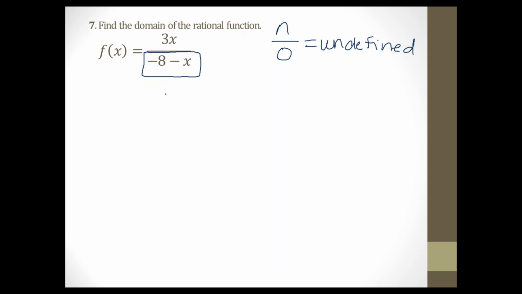So let's find out what would cause the denominator to equal 0 by setting it equal to 0. And then we're going to solve for x, and whatever value that is, we want to exclude that from the domain. So for solving for x, we'll start by adding 8 to both sides.